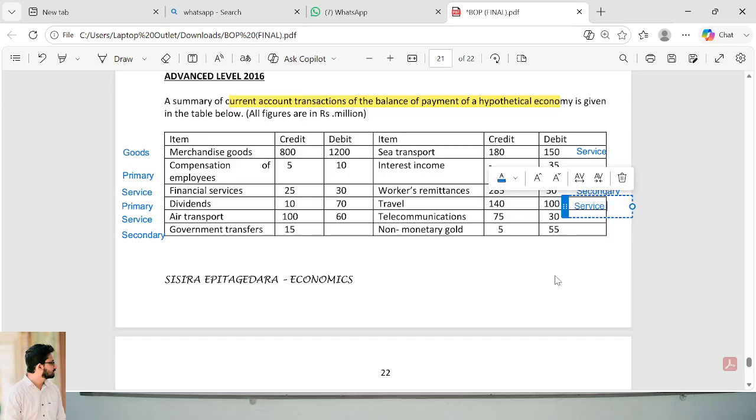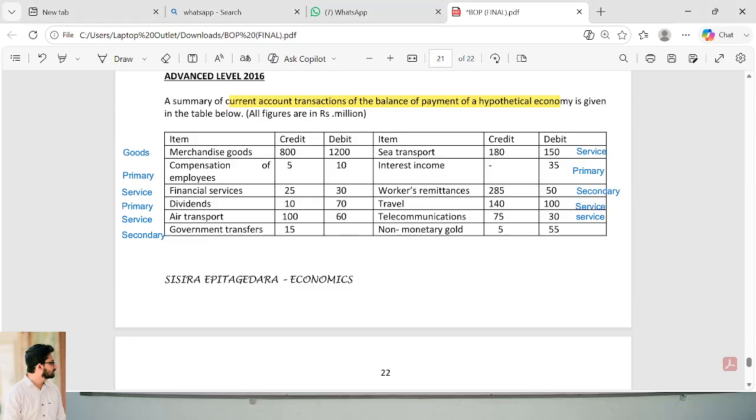Telecommunication, simple: it goes to the service account. You can see you are given so many services. Non-monetary gold. Where do we record this transaction? Very good, trade in goods.